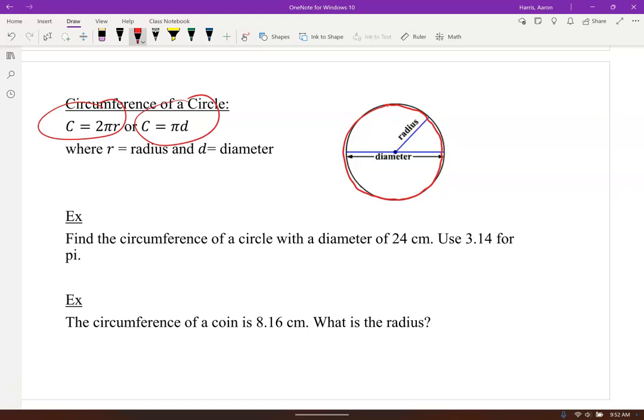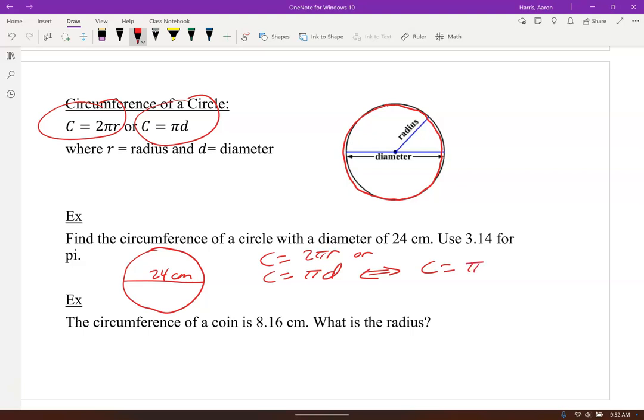So if we have a circle with a diameter of 24 centimeters, find the circumference. Well, it's 2 pi r or pi times the diameter. Well, since we have the diameter, let's use this one. So we have pi times the diameter, which is 24 centimeters. And it tells us use 3.14 for pi.